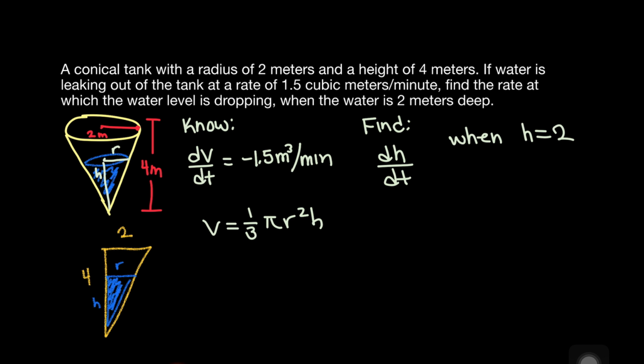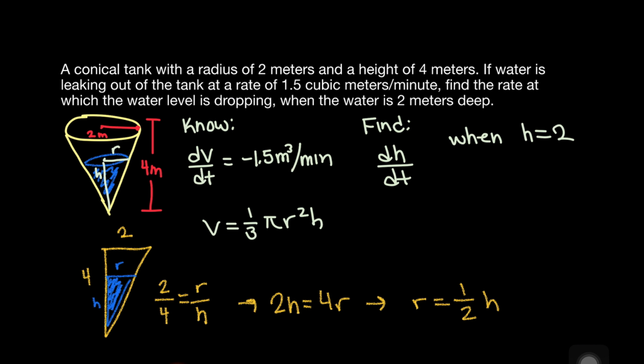They have the exact same shape, or the exact same angles, but they have different sizes. And the sides of similar triangles are always proportional. So that means 2 is to 4 as r is to h. So I can write a ratio describing the fact that r to h has to equal 2 to 4.